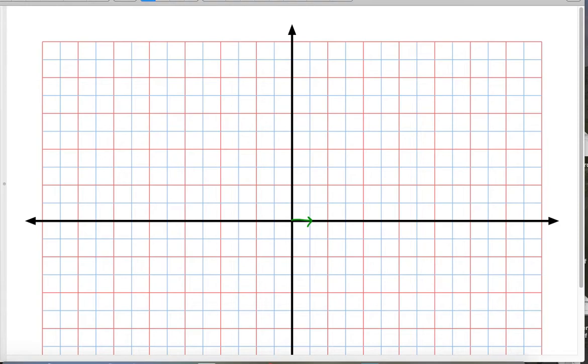That's there. And for (0, 1), that's there. And we actually have special names for these two vectors. The vector (1, 0) is referred to as vector i, and the vector (0, 1) is referred to as vector j.